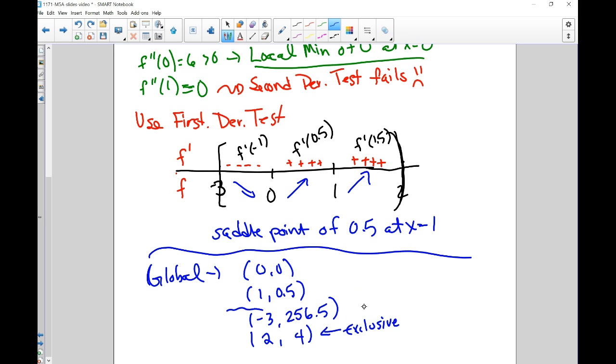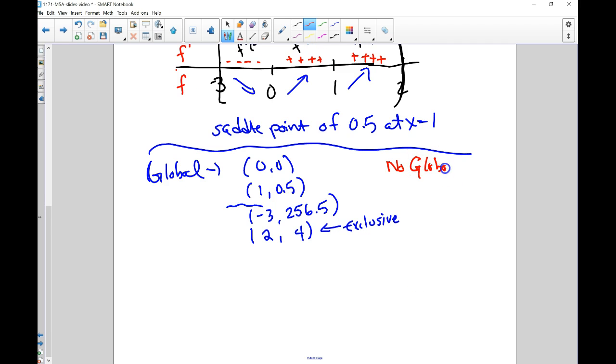Okay, now from these values I would want to pick the largest for the global max. But here there's no global max. Why is that? Well, even though we would think this value, since it's the largest, is going to be the global max, notice that at the end here, it is increasing.